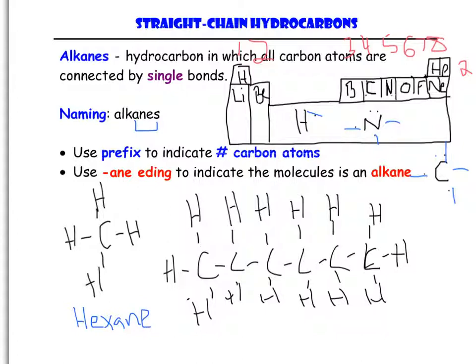So I have my prefix here of hex, and I have my suffix or my ending of ane. That means 6 carbons, and this ane means that they are all singly bonded. And we will get more practice on the next slide.